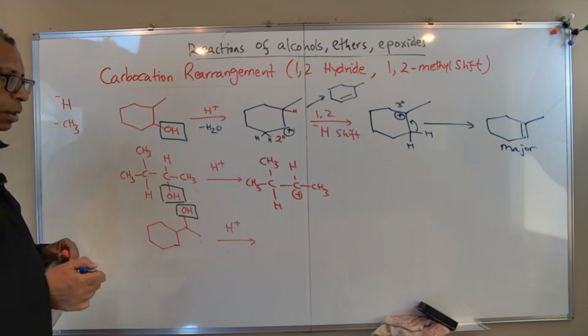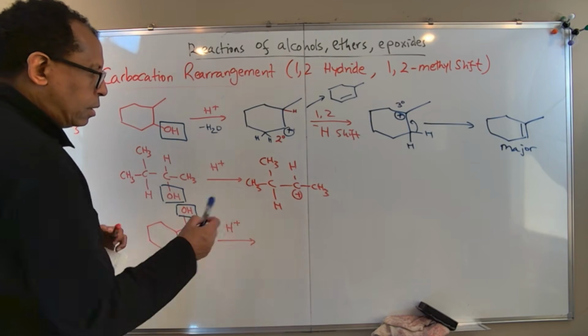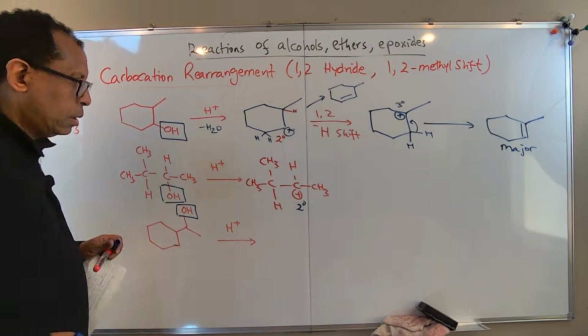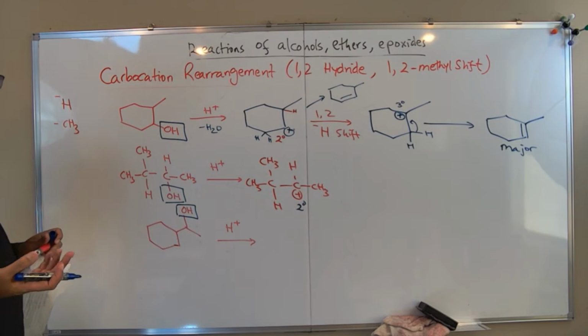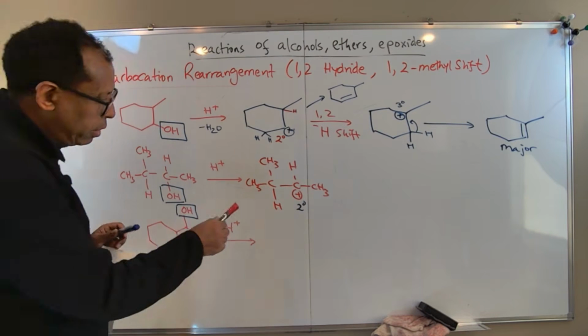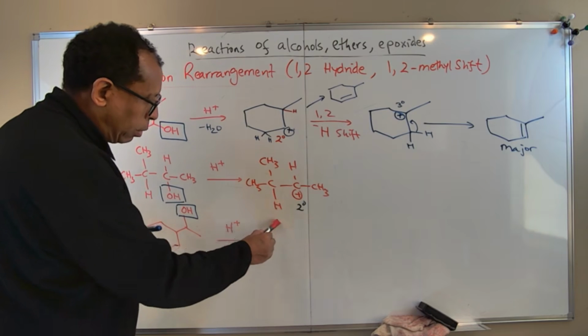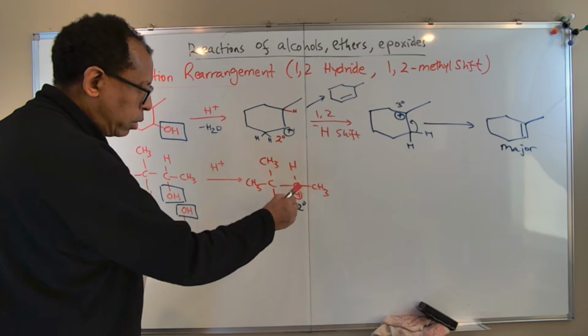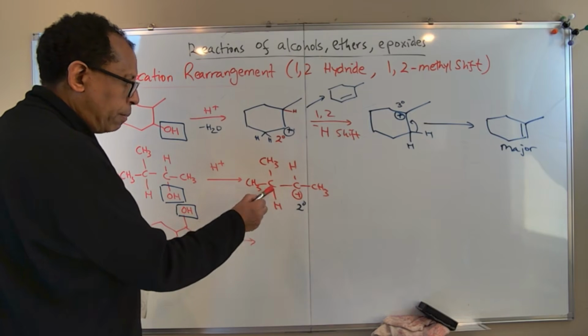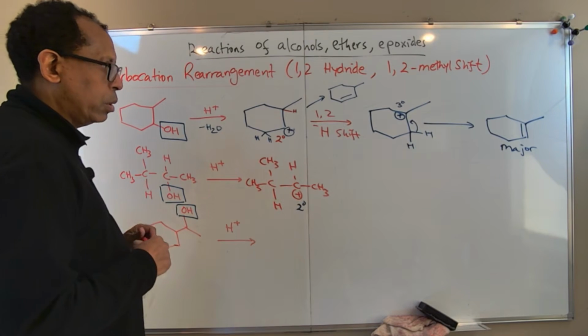Now here, this is a secondary carbocation. I want to make it a tertiary if there is a possibility. So if I shift this hydride as a whole, a 1,2 shift, the carbocation would shift here, the hydride would shift there with its electron.